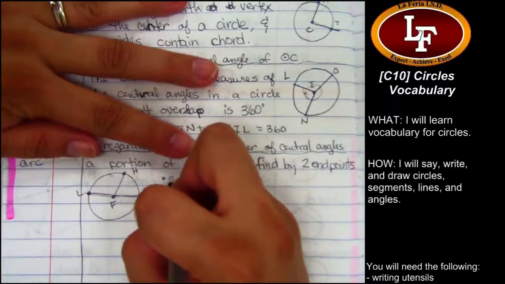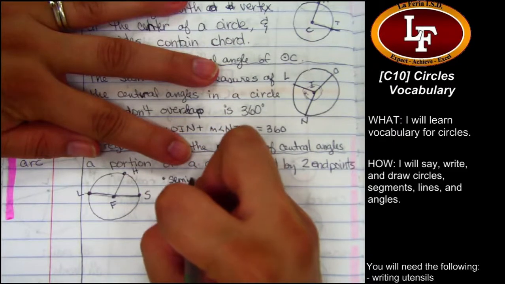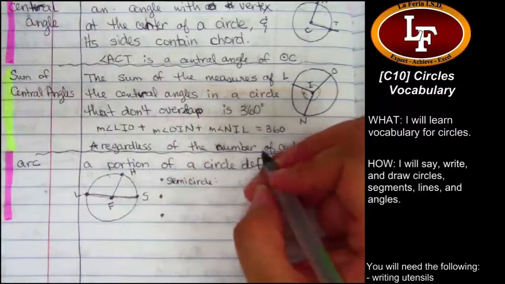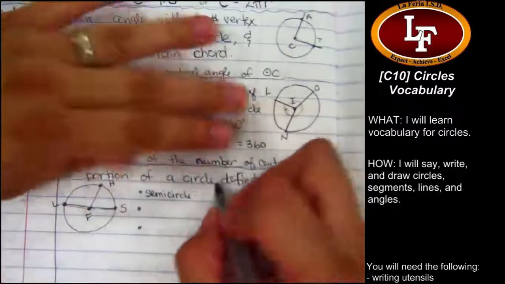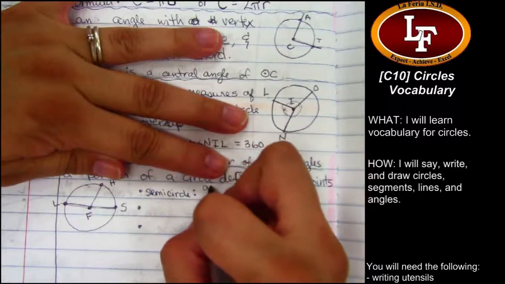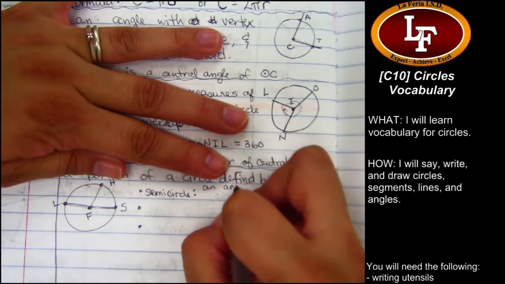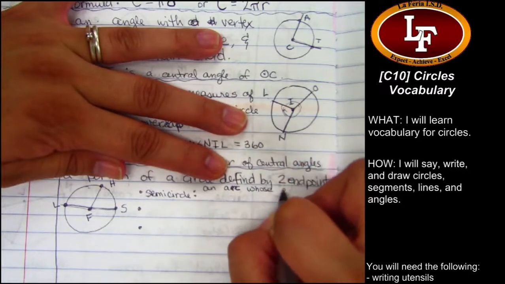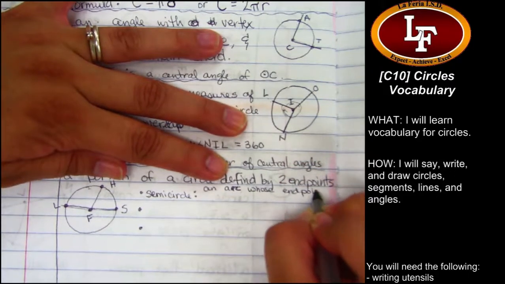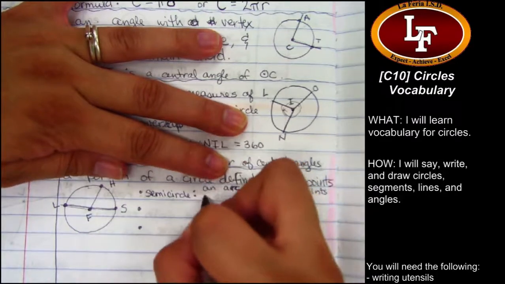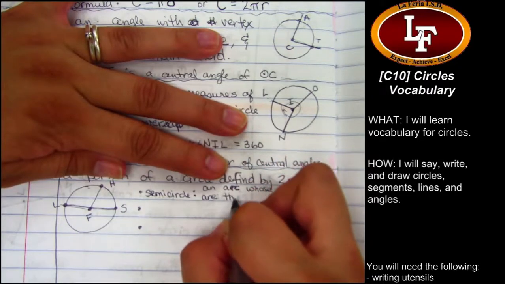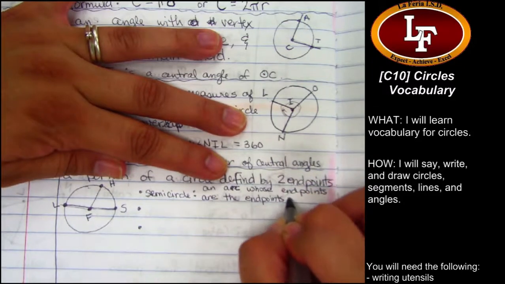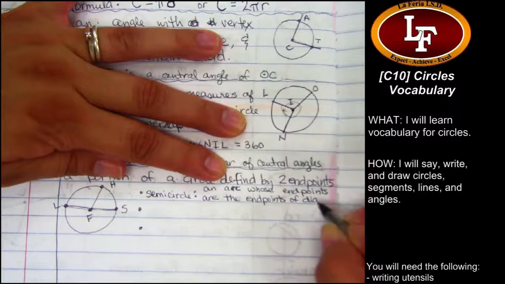We have the semicircle, which is an arc whose endpoints are the diameter. So it's half a circle. The semicircle is an arc whose endpoints are the endpoints of a diameter.